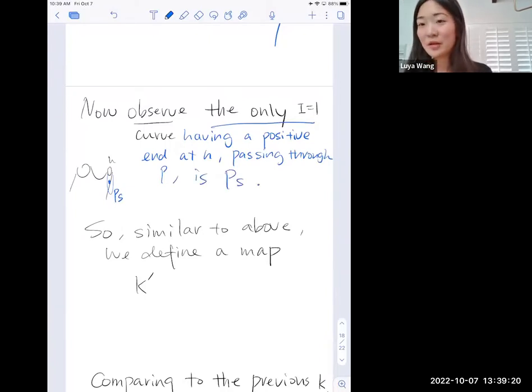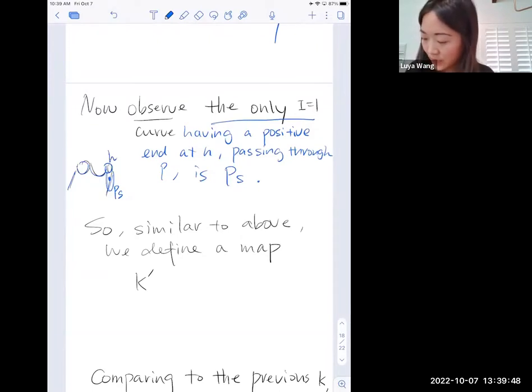So previously I showed you if I have a curve of low index, not passing through anything, but it has positive n at H, then it has to be P south or P north. So now if I give the extra condition that it has to pass through a point on the southern hemisphere, then it has to be the southern hemisphere.